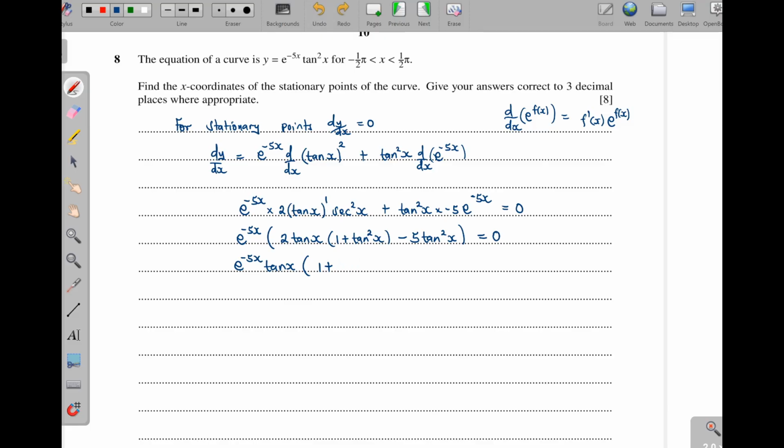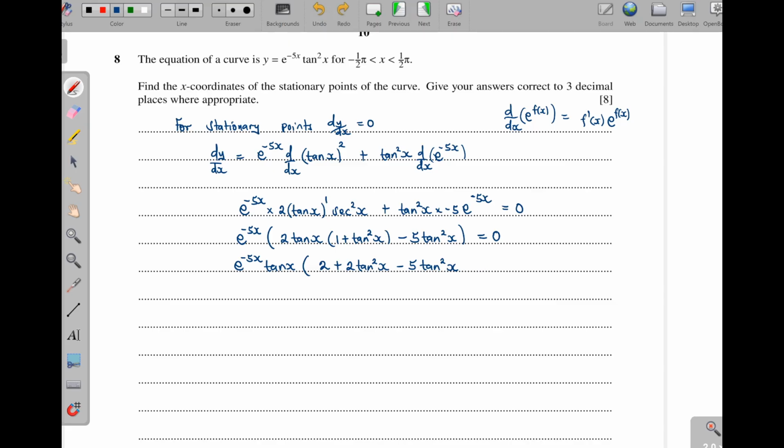I think it is going to be a 2. So there is this 2, then times this. So we have 2, then plus 2 tan squared x, and then minus 5 tan squared of x, isn't it? This one is equal to 0.